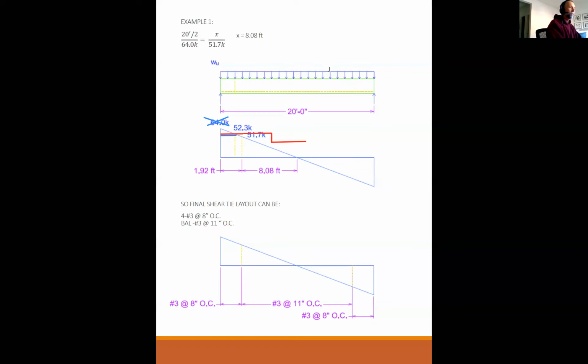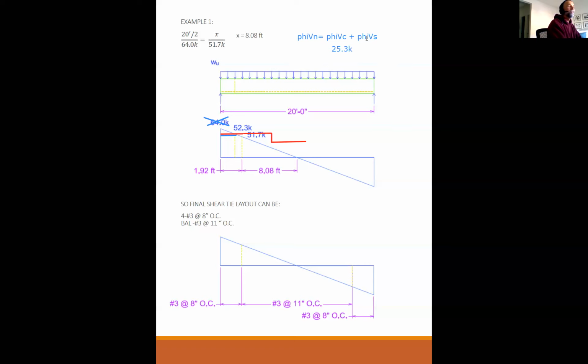Let's start with this. Phi Vn is equal to phi Vc plus phi Vs. Okay? And phi Vc doesn't change. That's a fixed number, and in our case, that number is 25.3 kips.